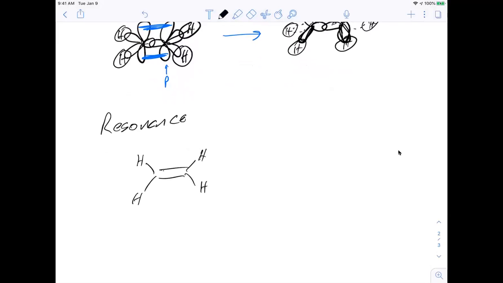If we look at the resonance, first we need to think about what's going on here. We have a bunch of sigmas, but we also have a pi bond, and that's a p-p overlap.